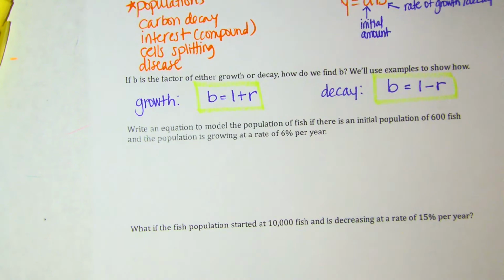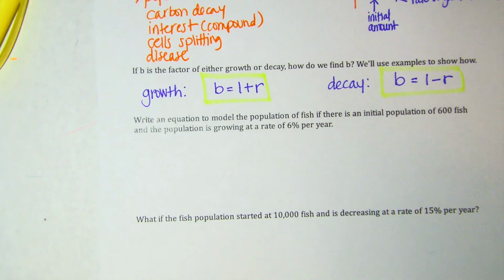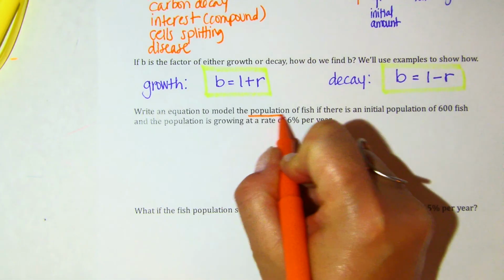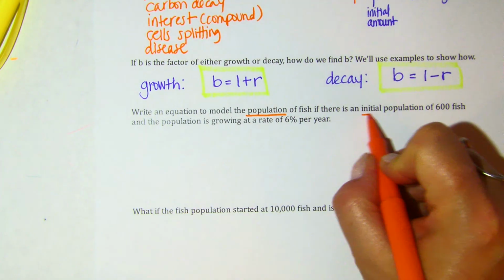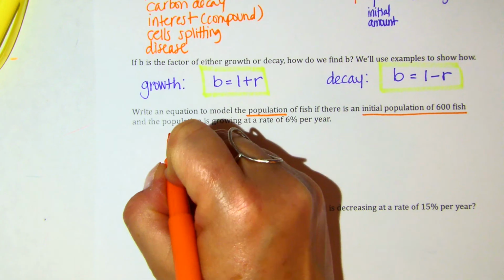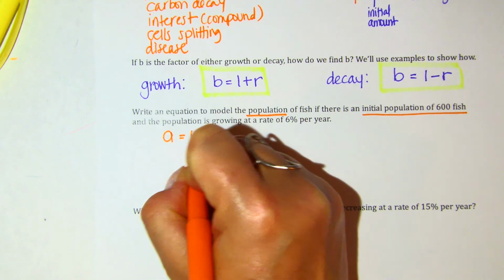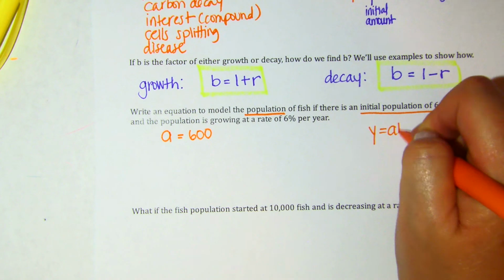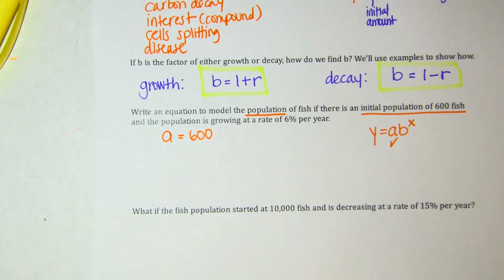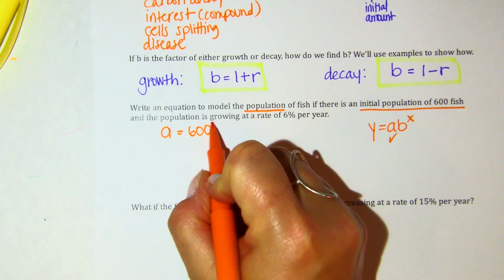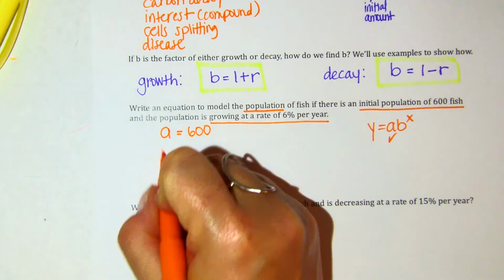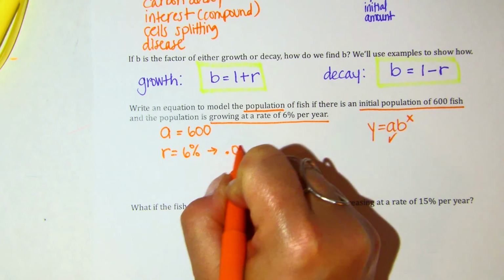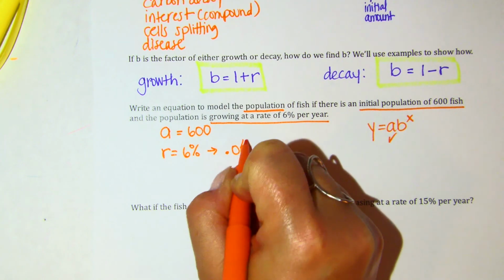Let's look at this first one here. We have: write an equation to model the population of fish. So it's a population problem, very common. Initial population is 600. That's my A in this equation, so I already know A. Then it says it's growing at a rate of 6%, so that's 0.06.